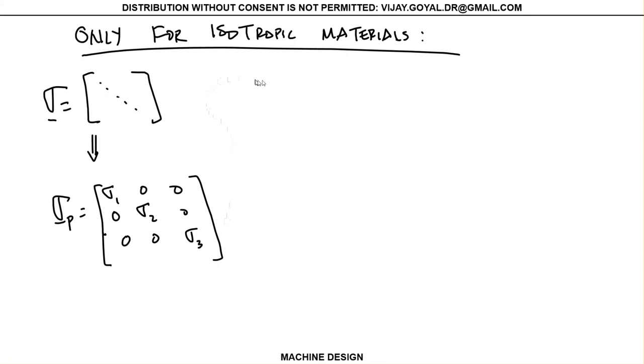I can go from here directly, I can find what my principal strains are by using Hooke's law.